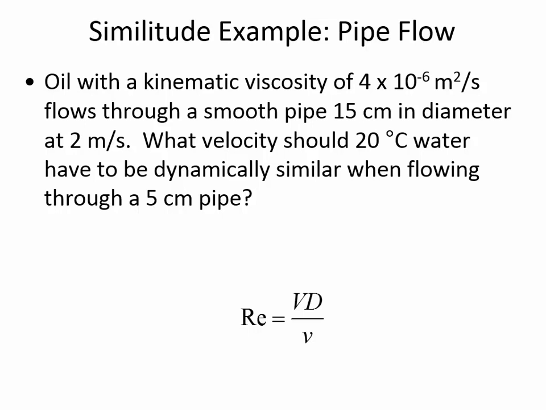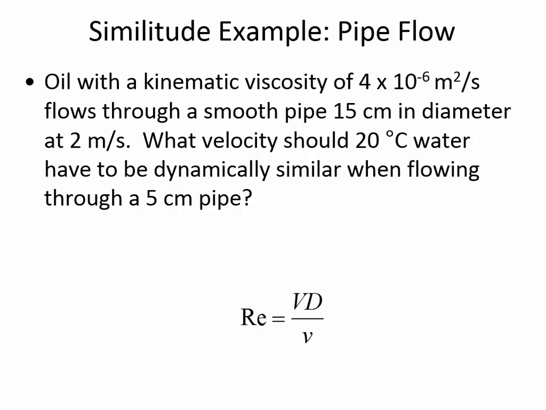It's the standard kinematic viscosity for water. The velocity of the oil, 2 meters per second. And then the diameter of the oil, it's a 15 centimeter pipe. We don't have to switch that from centimeters into meters, because the diameter of the water pipe is also going to be in centimeters, and so the units will cancel out. You can switch if you want, but it isn't necessary.